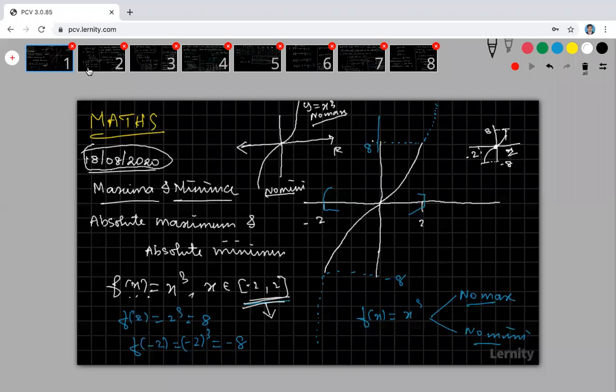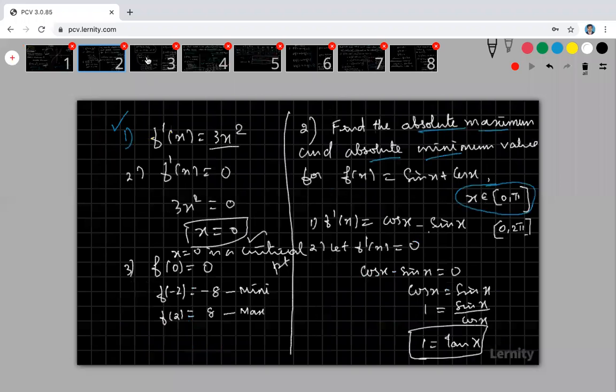Everybody keep one maths notebook separately. You write your classwork, you write your homework, everything in one notebook. No need to keep them separately; write classwork and homework, everything in one notebook.